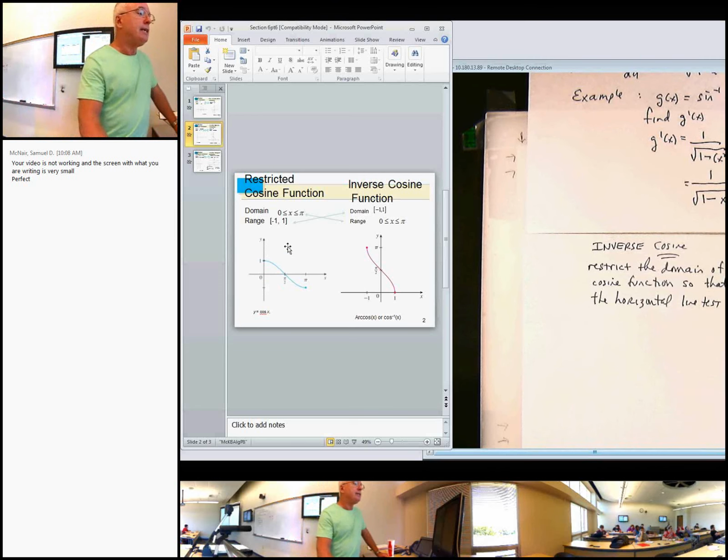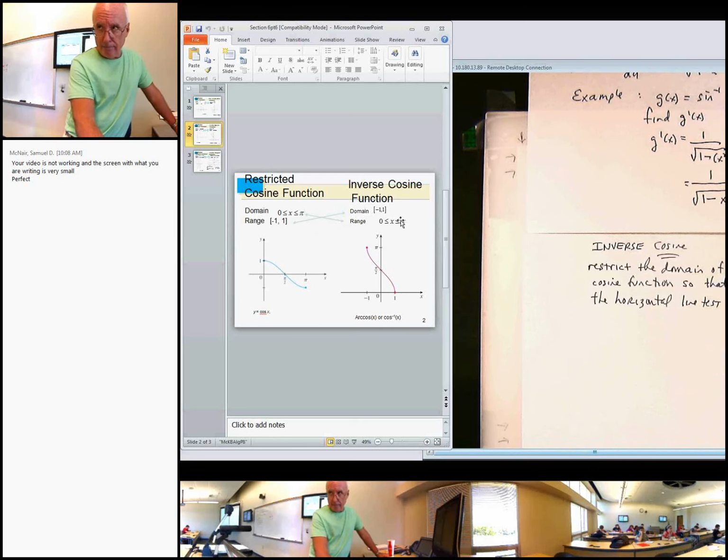So this gives us the inverse cosine function. Again, we switch the range and the domain. So the range of the inverse cosine is from 0 to pi. So it's a different range than the inverse sine function. This is what it looks like.